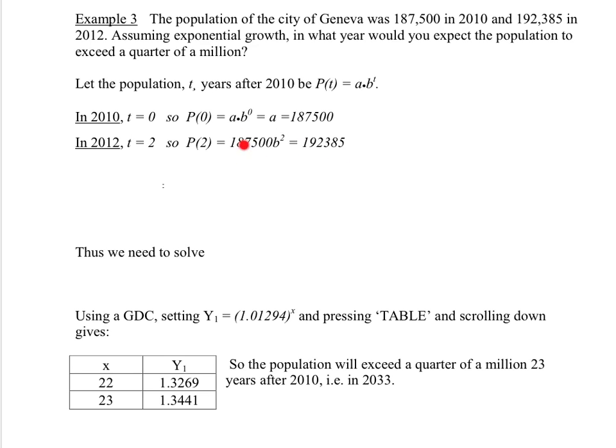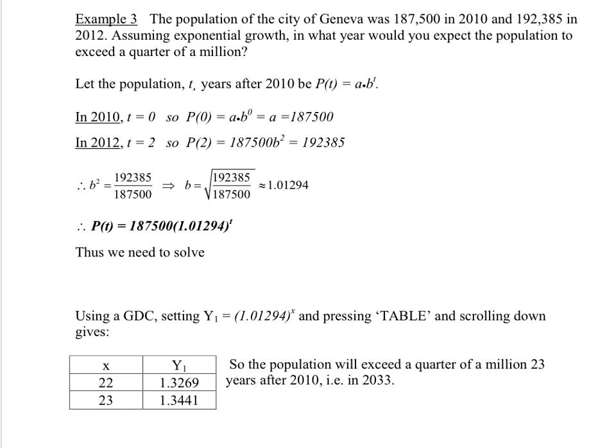So we've got an equation here. We can solve that for b. If we do that, we should get b squared equals this. Simplifying that a little bit, should give you 1.01294. That's our b.